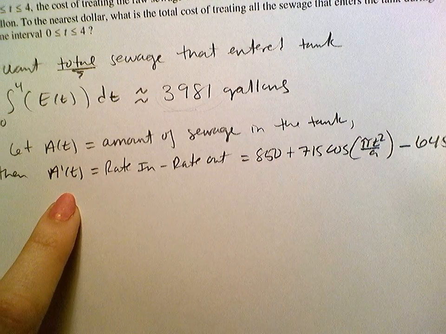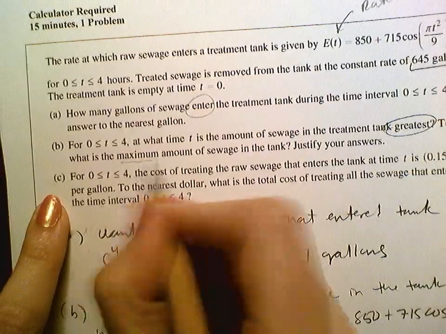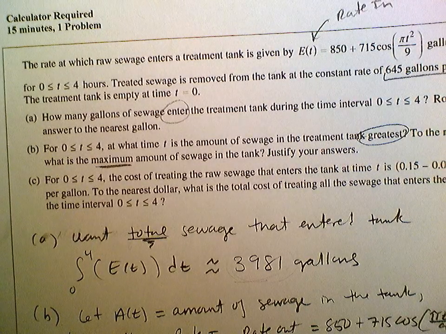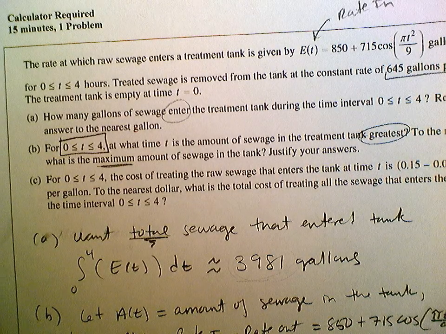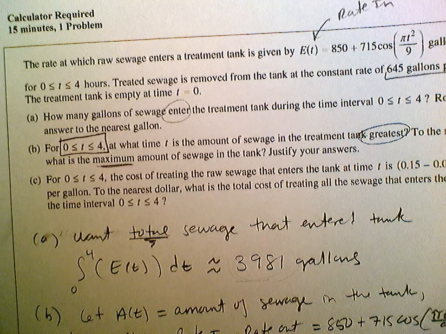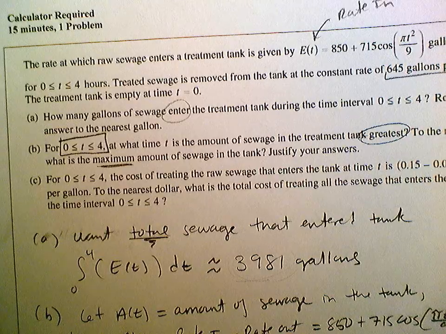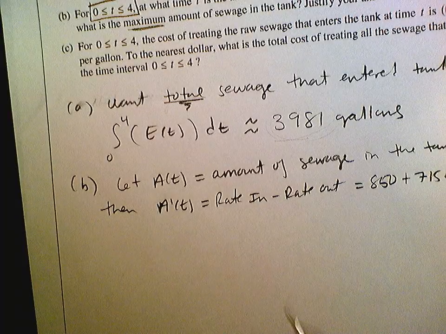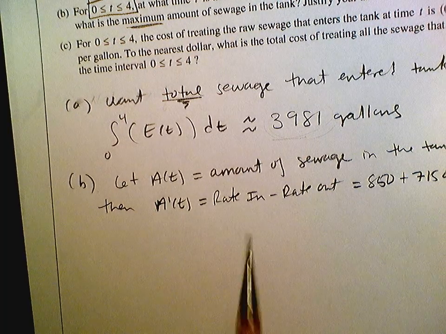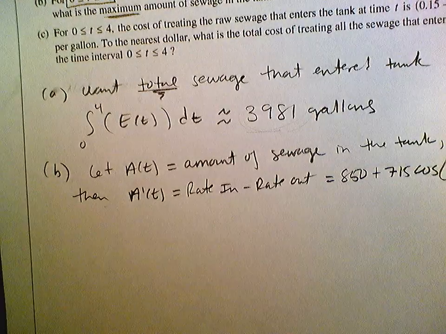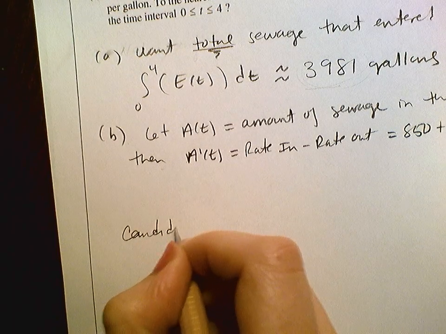Now, since they're asking for this word greatest and then maximum, they want the maximum, and since it is on a closed interval, it's the absolute maximum. If it were on an open interval, it would just be a relative maximum, but if it's on a closed interval, that's the absolute maximum, so we need the candidates test. So let's do it down here.